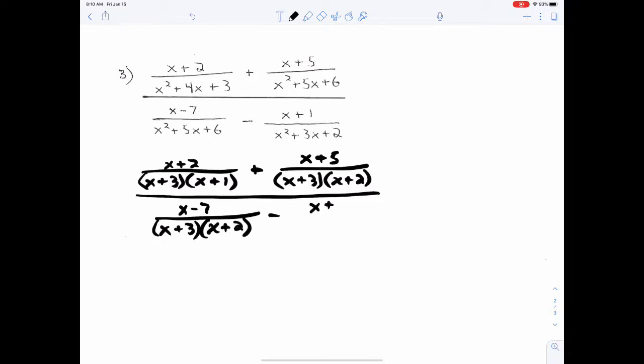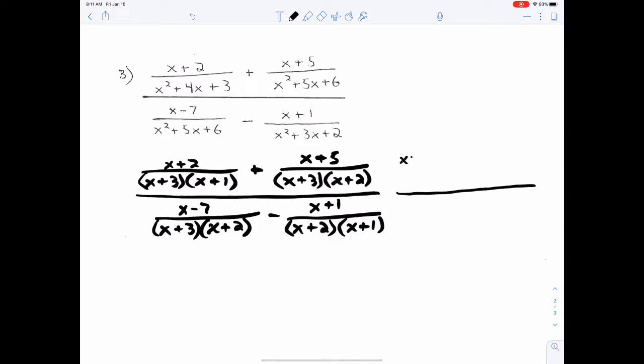Okay. And then this one is x plus 2 times x plus 1. Okay, so let's look at the denominators. We have an x plus 3.